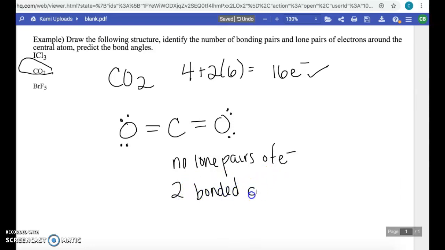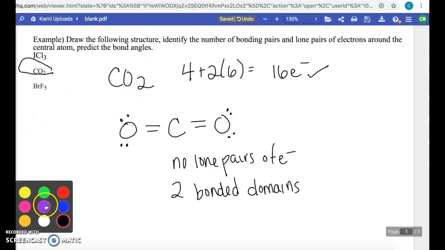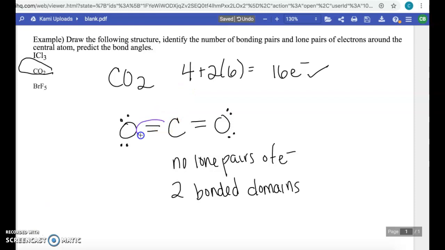This is why I was using the word domains, because you might be tempted to say, oh, we have 4 bonded pairs, which is technically true. We have 4 bonded pairs, but we treat our double bonds like a single bond in this case. So this is really 2 bonded domains of electrons.